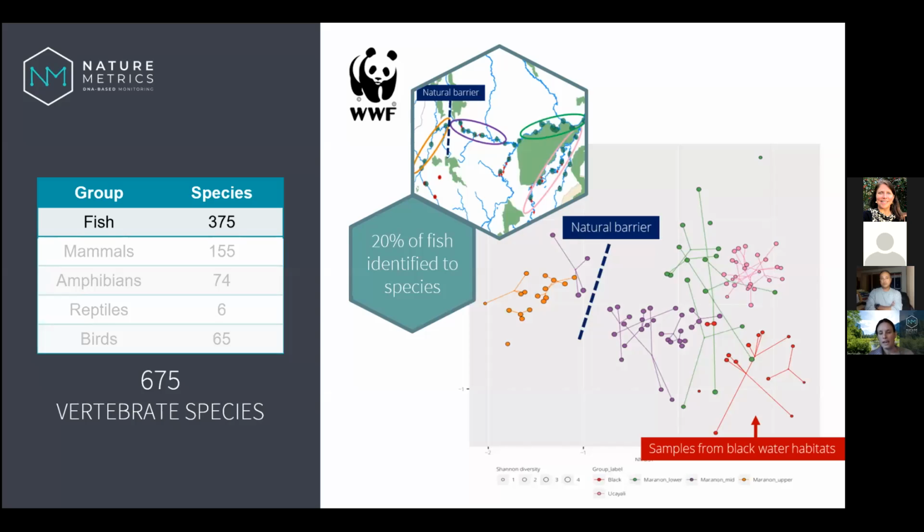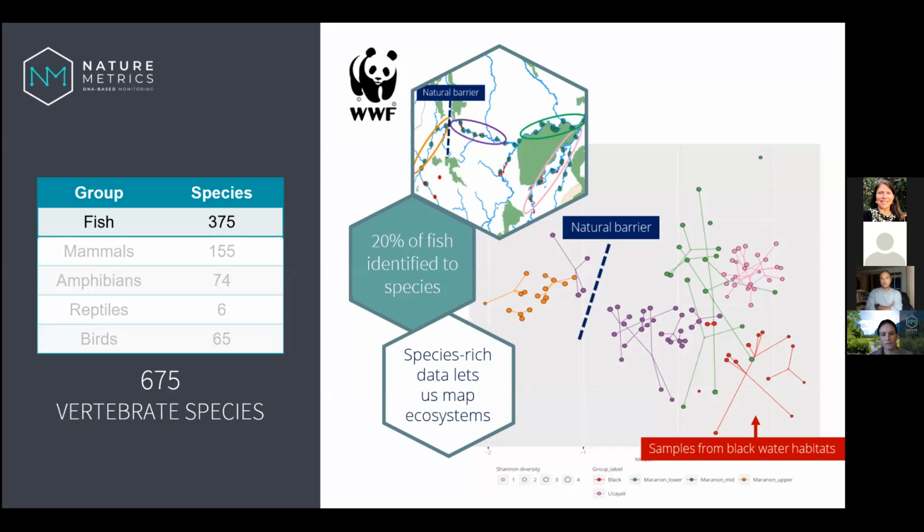And we can also detect where there are very abrupt, sudden changes in species communities, which are linked to things like barriers. So in this case, we've been able to show there's a big impact of a natural barrier, which is a gorge and a set of rapids. And you have very distinct communities upstream and downstream of that. But it would be exactly the same process with dams or man-made barriers.